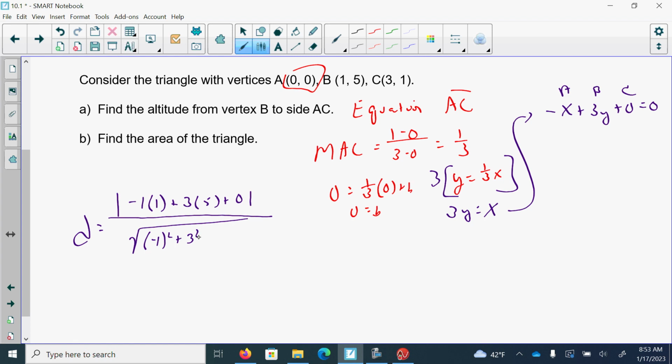And when I do that, I'm going to have 15 minus 1, so that's going to be 14, the absolute value of 14, which is 14 over the square root of 10, I believe.